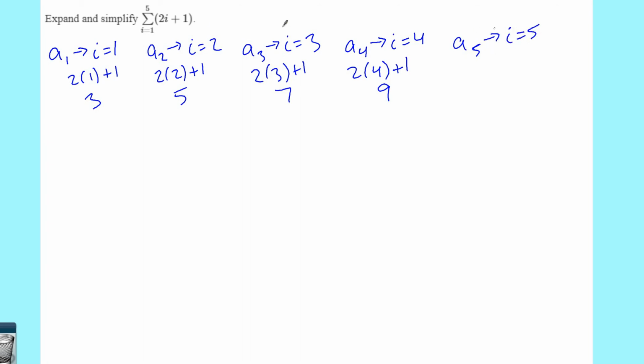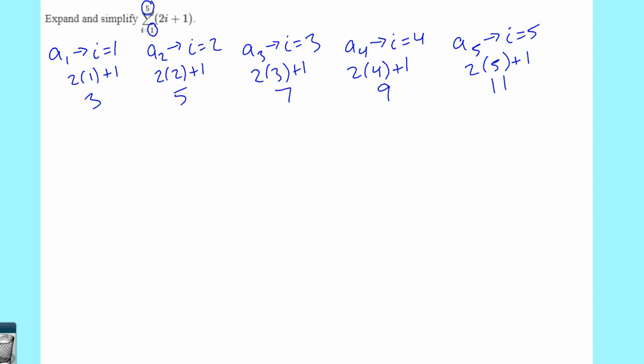That's important to notice, that's where we stop. We're plugging in all the numbers from 1 to 5. So 2 times 5 plus 1, 10 plus 1, 11. That's a perfect arithmetic pattern, so I know I did it correctly.